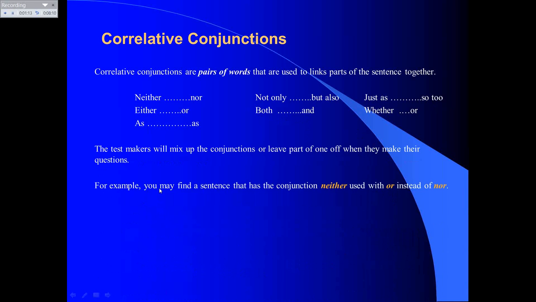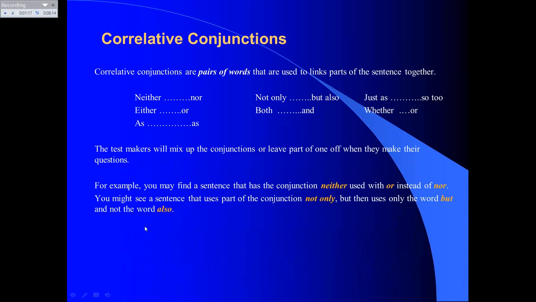You're evaluated on what's sitting there in front of you. So you have to be really careful. Then you might see a sentence that uses part of the conjunction, not only, but uses only one word, like but, and not the word also. It's 4 words, not only, but also. In order to be correct, all 4 words are necessary.